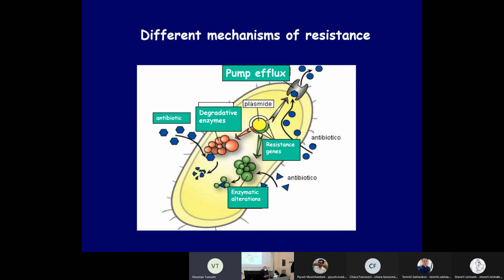Different mechanisms of resistance. Perhaps you have already seen this type of mechanism during the course of microbiology, but just to remind you, the presence of efflux pumps. So we try to reach the inner part of a bacteria, and then there is an efflux pump able to take your antibiotic and put it outside the cell.